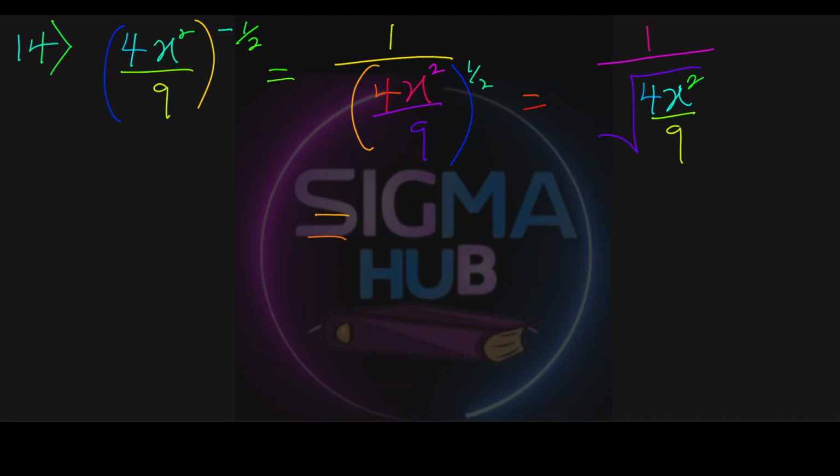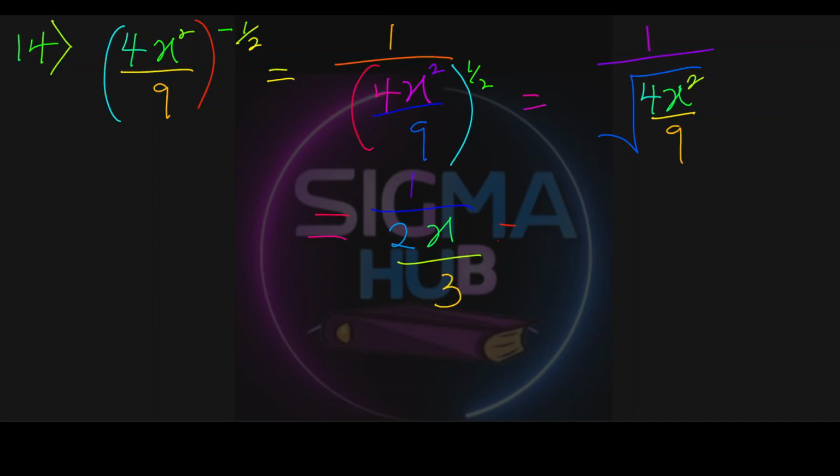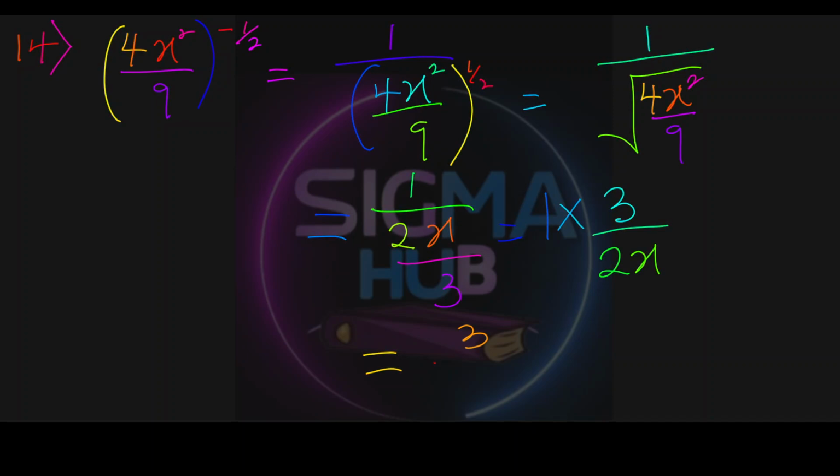And what is the square root of 4? We have 1 over the square root of 4 is 2, the square root of x squared is x, then over the square root of 9 is 3. So this is going to be 1 times 3 over 2x. So the final answer is 3 over 2x.